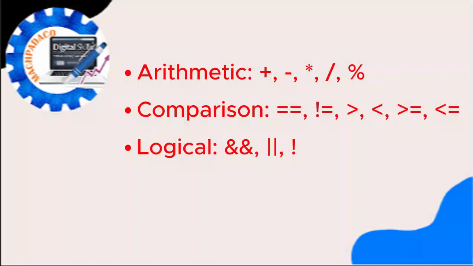Operators. We have arithmetic operators like plus, minus, multiplication, slash, and percentage. We have comparison operators like equals to, greater than, less than, greater or equal to, less than or equal to.